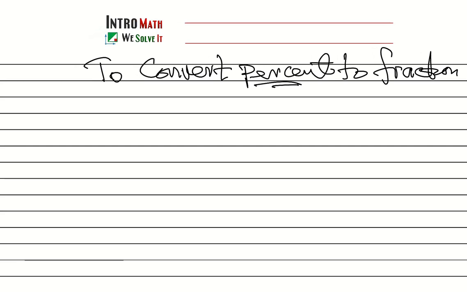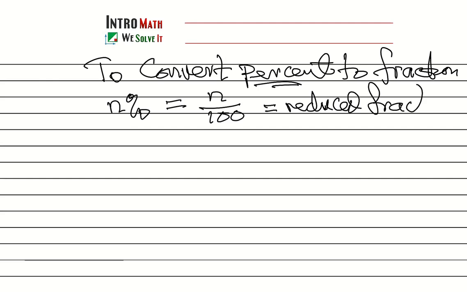So if we have any number, let's say I'll call it n percent, it is equal to that number over 100. That's what that means, right? Then you have to reduce it. You have to write it in the form of a reduced fraction. That's all. In other words, a fraction in reduced terms, which we have done many times in the past.